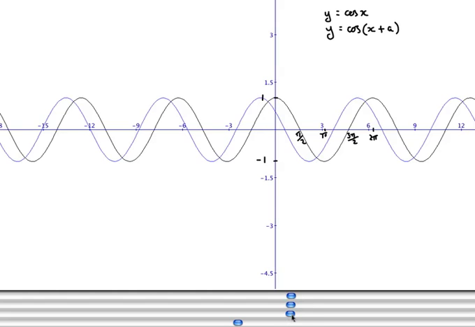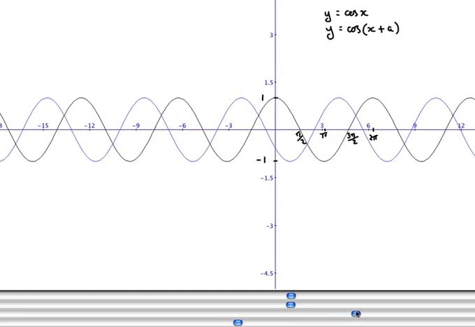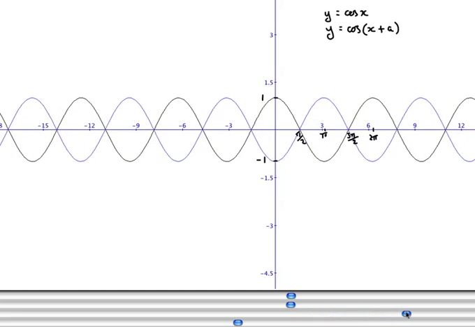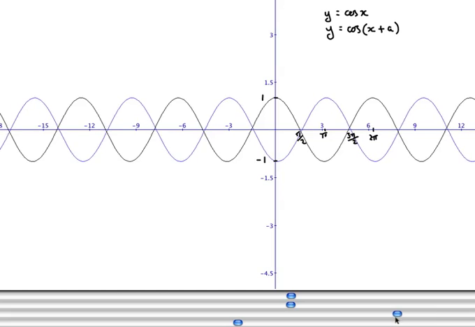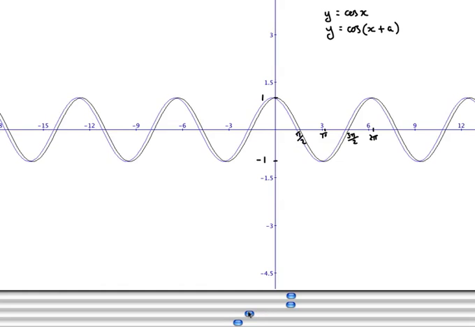I could continue with that process. I'm now reaching about 2 radians. I'm on to about 3, nearly pi radians. Well, just past pi. There's pi radians. And away back to 0. So the effect of adding values to this angle x is that the graph gets shifted to the left.